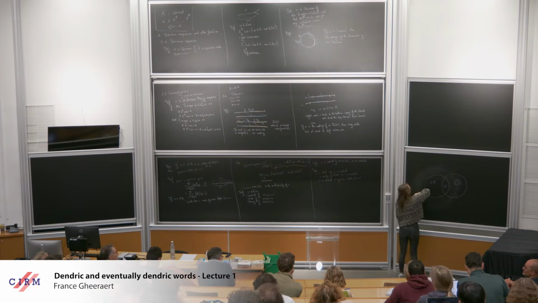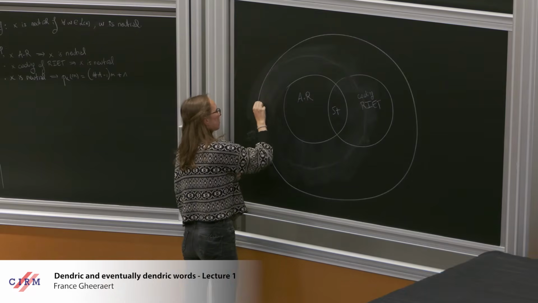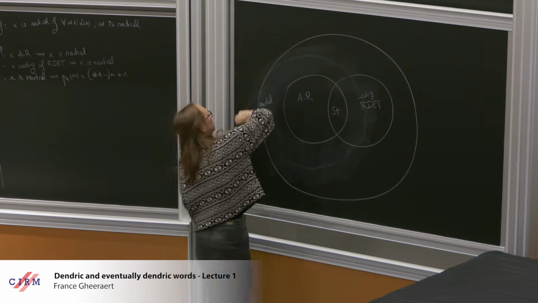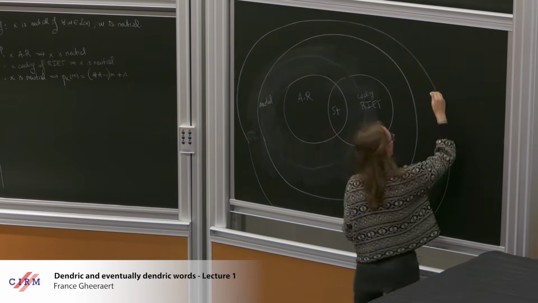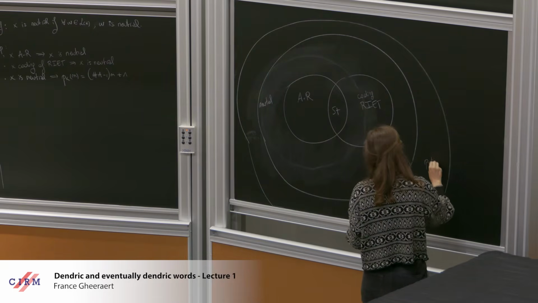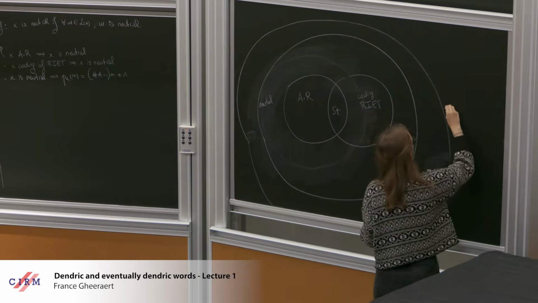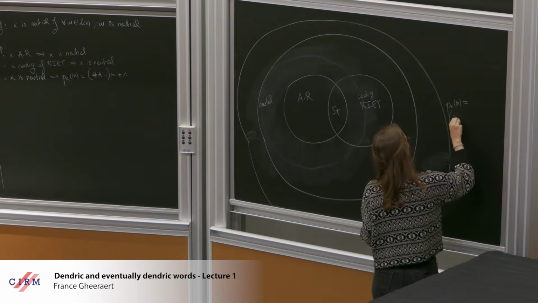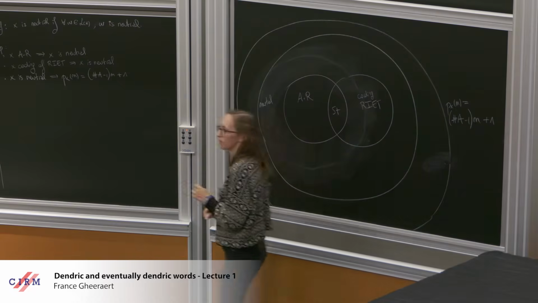Okay, so what it means is that in this drawing we can add 2 circles. So these will be the neutral sequences. And even bigger, we have the sequences of complexity P of x over n is this formula.